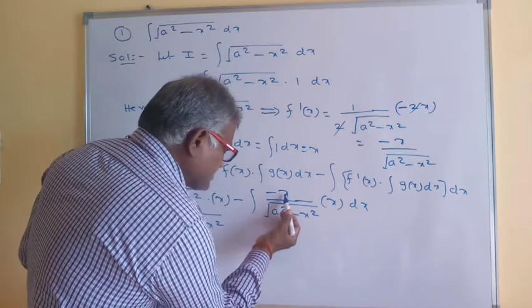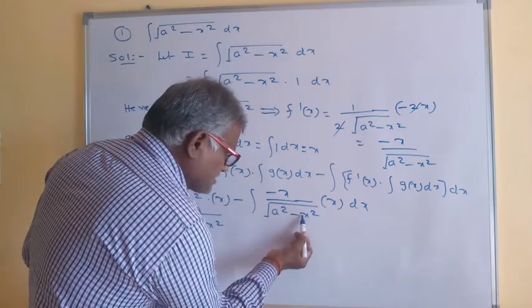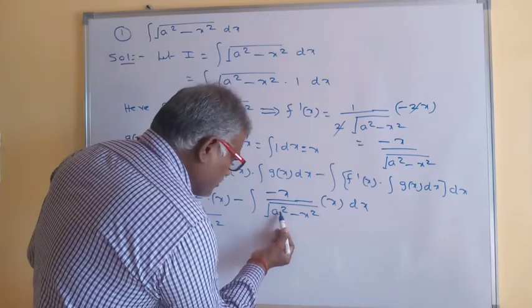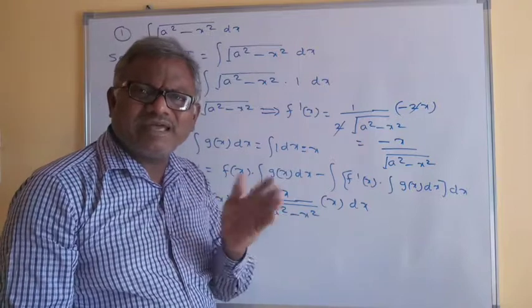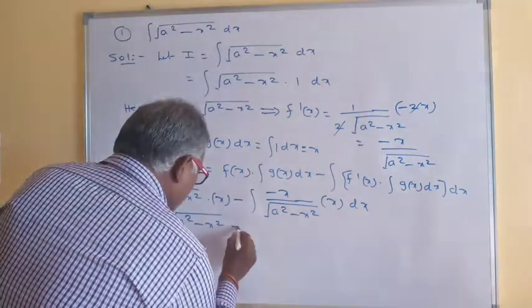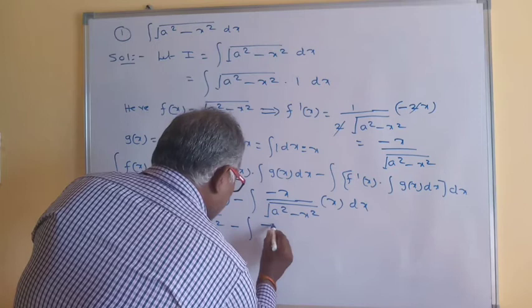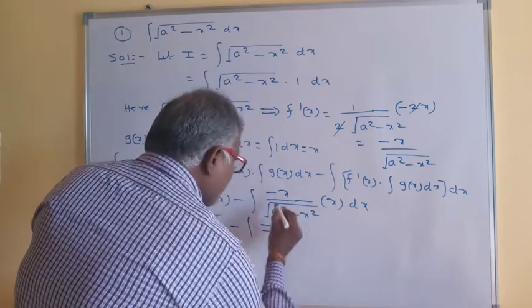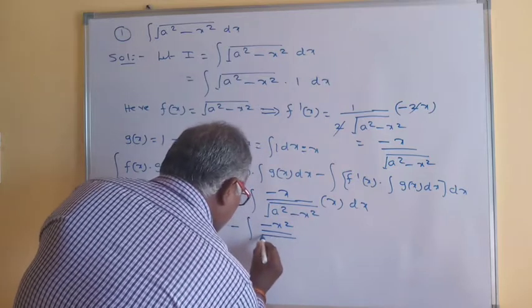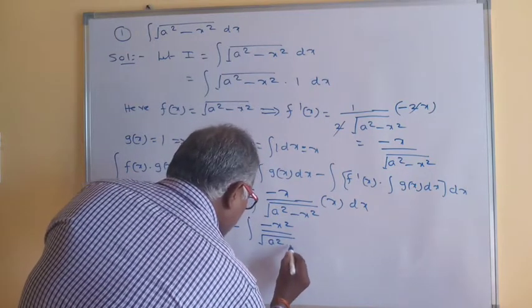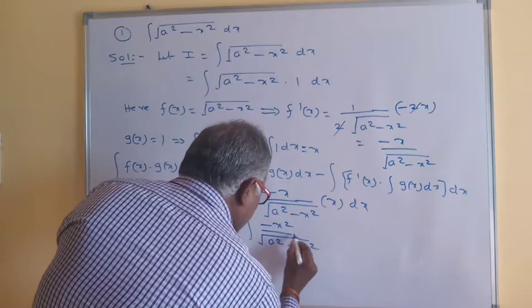Already minus x square is there. So what you have to do is add and subtract a square only. So first of all, I should rewrite this as minus x square by root of a square minus x square dx.